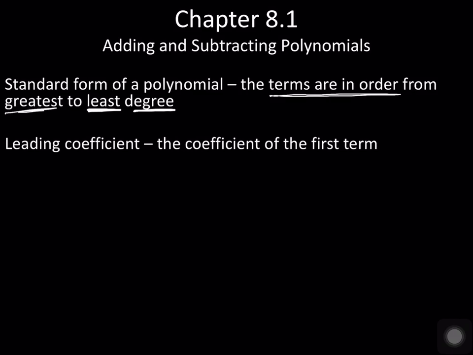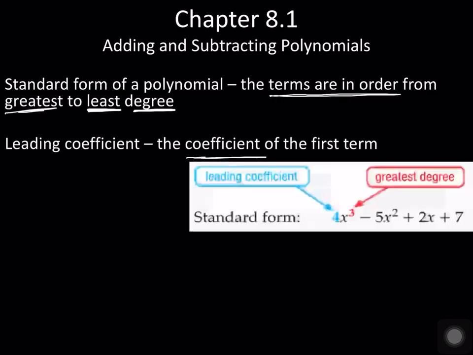The other thing we'll be interested in will be the leading coefficient. The coefficient that's up front. Once we get it in standard form, what is the number of the term that's at the front of this little train here? So standard form. So here we go. 4x cubed, so degree of 3, degree of 2, degree of 1, degree of 0.